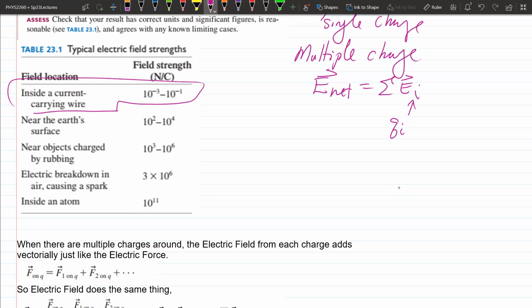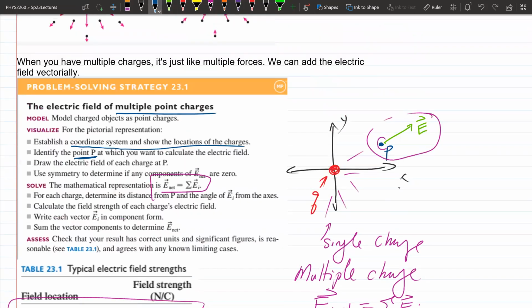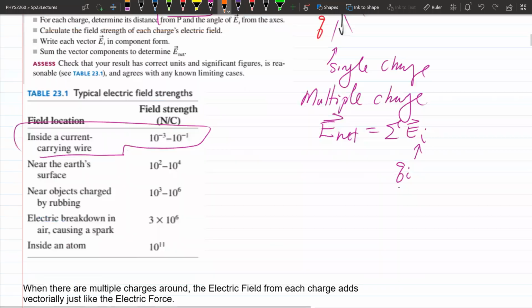If I was to put 1 coulomb of charge here, let's draw that in orange, basically this electric field vector is the same as the force vector, because if you multiply the electric field by the charge, you get the force. If it's 1 coulomb, then it's 1 unit, so you get exactly the same answer.